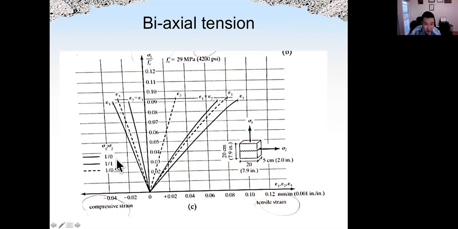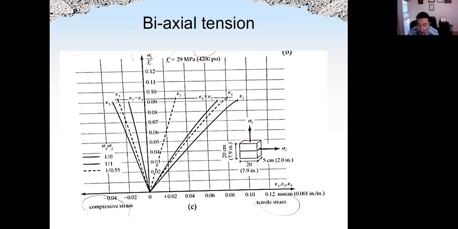Sigma 1 does not change, but sigma 2 changed from 0 to 1 to 55%. Okay. So what we can see from here is for all the cases, the tensile strength does not really change. Okay, the strength does not change. So the tensile strength is unaffected by the multi-axial stress under biaxial tension.